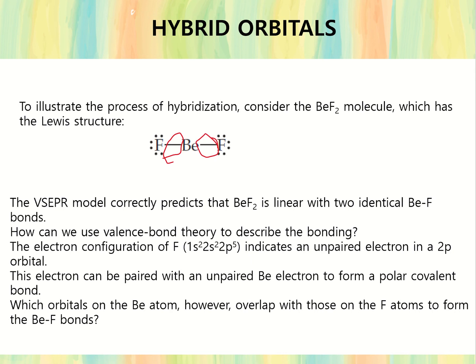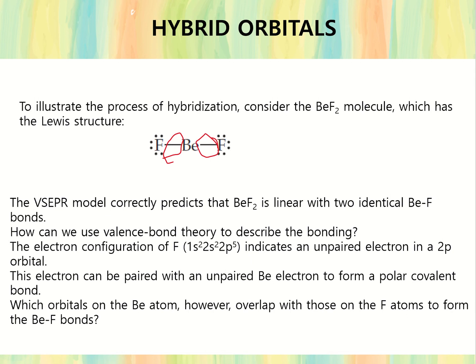So how can we use valence bond theory to describe the bonding? Well, we first look at the electronic configuration of fluorine. That's 1s2, 2s2, 2p5. It indicates an unpaired electron in a 2p orbital, much similar to our chlorine that we saw previously.